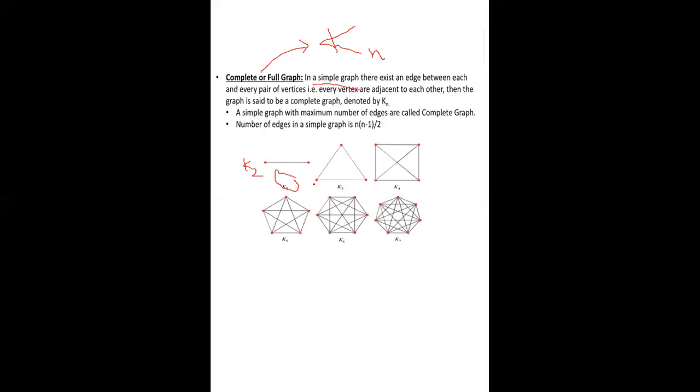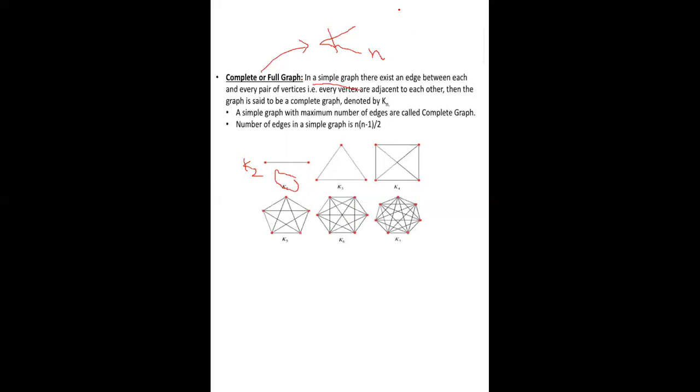K3 means there are three vertices and all three vertices are adjacent to each other. Likewise in K4 all the vertices are adjacent to each other, K5, K6 and K7. In the computer network, we already read the mesh network, and a mesh network is the same as a complete or full graph.